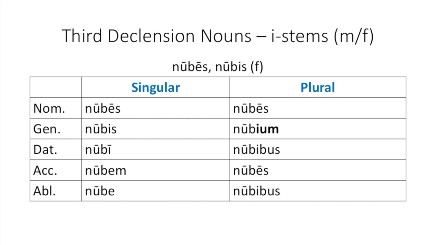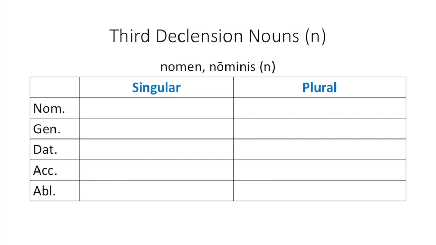Once you've copied these down and made note that the genitive plural is the only form that changes for third declension I-stem nouns for masculine and feminine compared to your regular masculine and feminine nouns, advance to the next slide for neuter examples. Okay, our example: nomen, nominis.